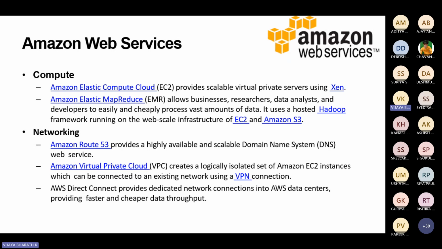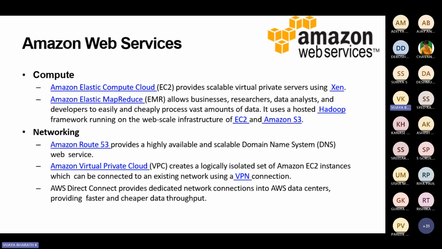So when it comes to compute, we have EC2 instances, which give elastic cloud compute. They provide virtual private servers, which run on Xen infrastructure, that is Citrix virtualization. And EMR is Elastic MapReduce, which is used by researchers, data analysts and even developers to store vast amounts of data on Amazon's infrastructure.